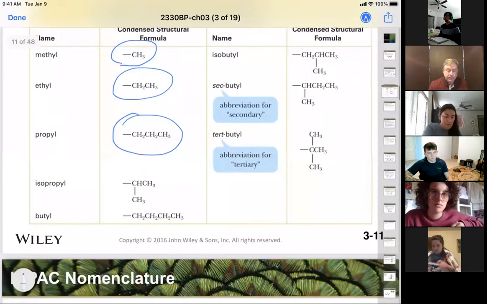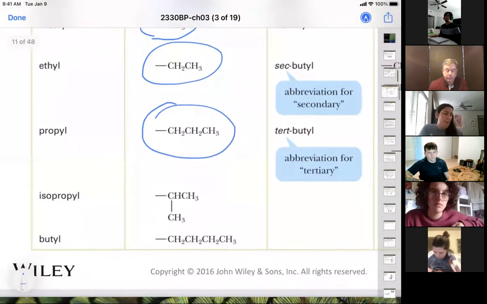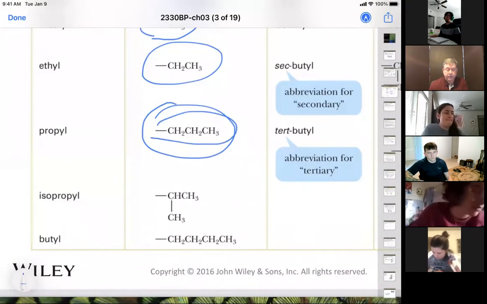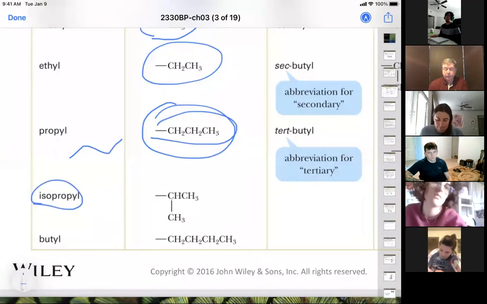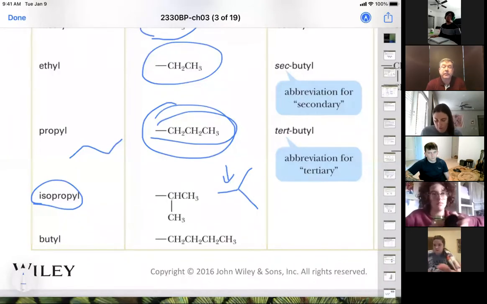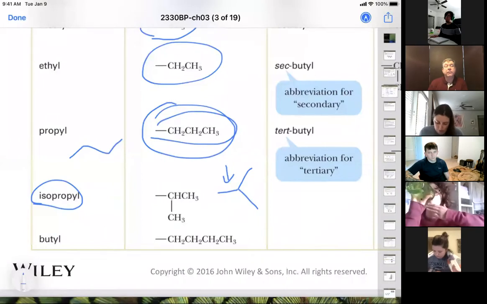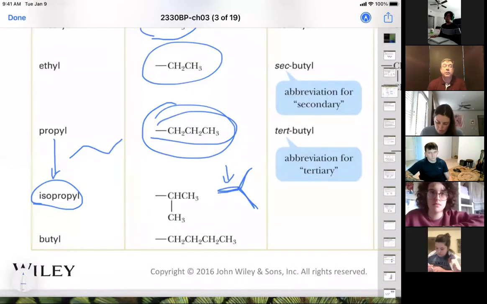In this case, we have propyl, which is the straight chain. The isopropyl is where you are bonding it to the middle of the chain, not the end of the chain. So that's our first constitutional isomer of our substituents. We go from propyl to isopropyl by creating a branch point in that chain.